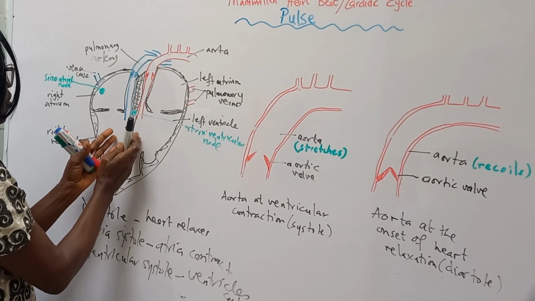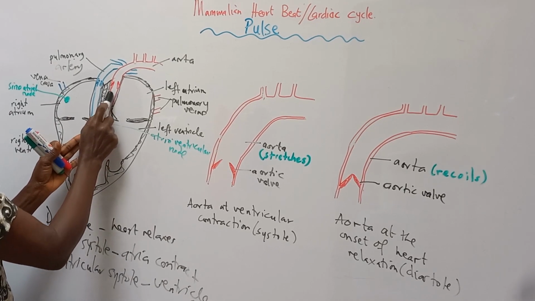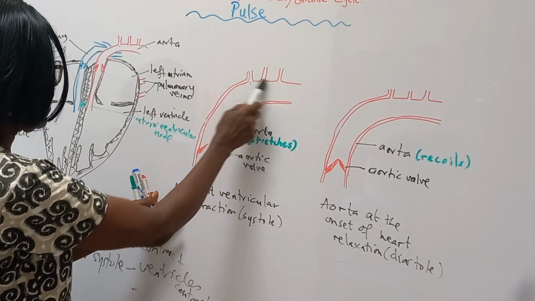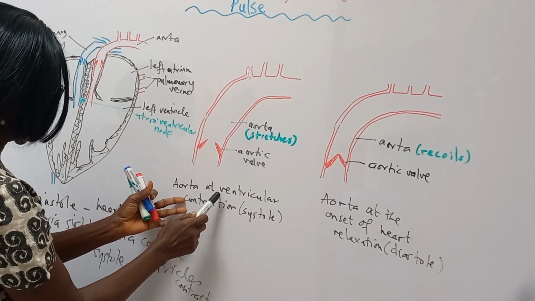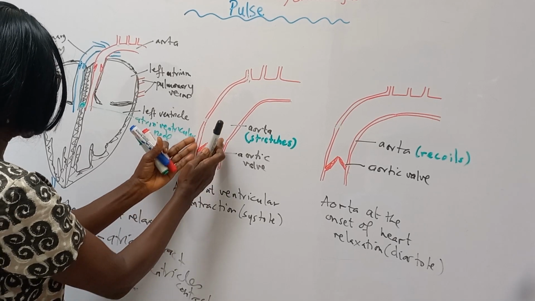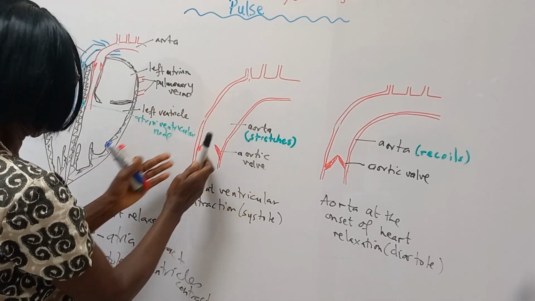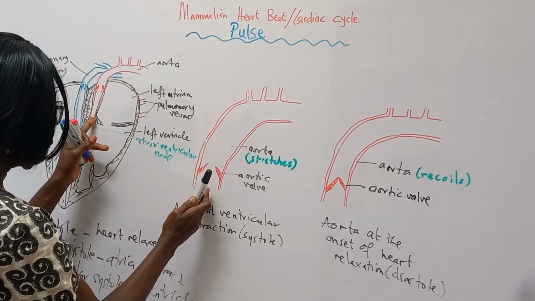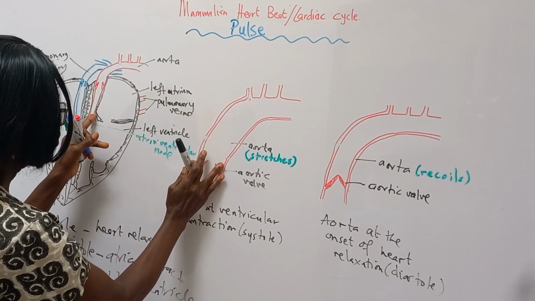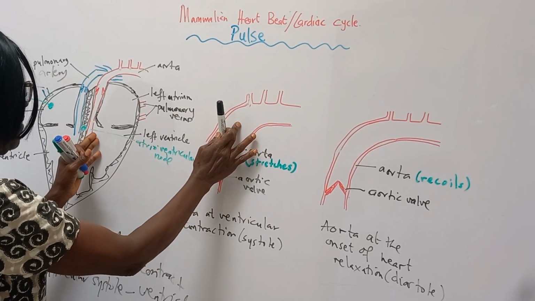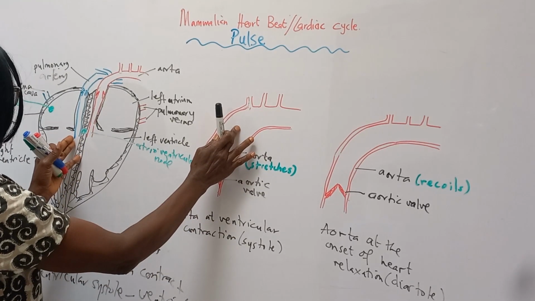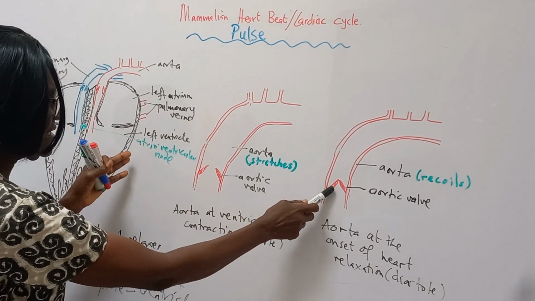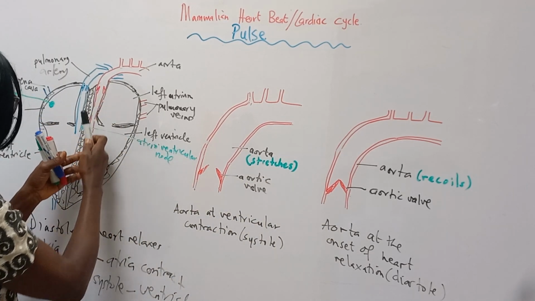When the ventricles contract, blood flows through the aorta out to all parts of the body. This is the aorta that I've drawn showing ventricular systole. The aorta stretches, expands, so that the blood will flow out. Then moments after ventricular systole, as the aorta stretches, the heart muscle relaxes, and just before it relaxes, these aortic valves, that is here, close so that the blood will not flow back.